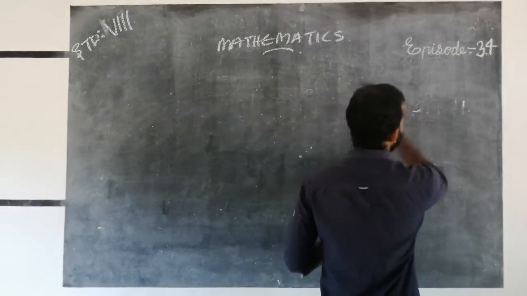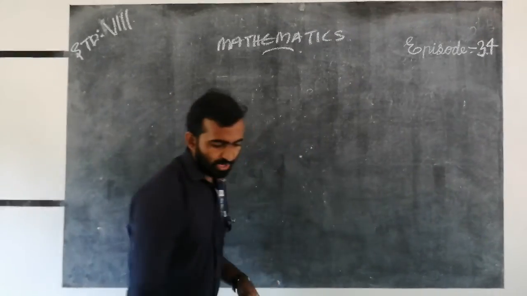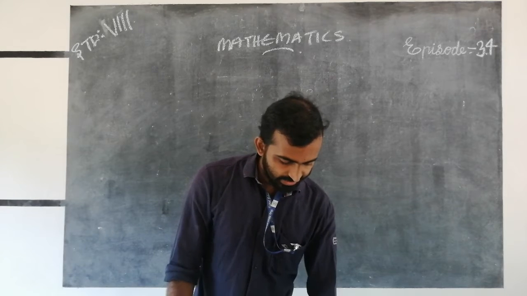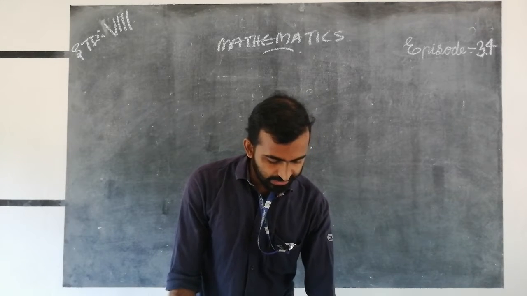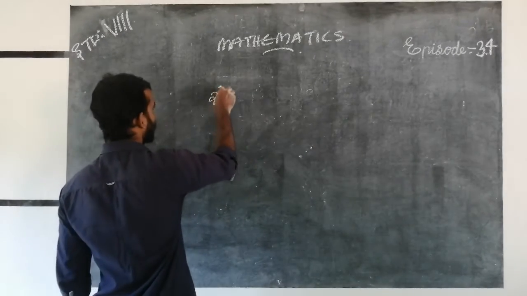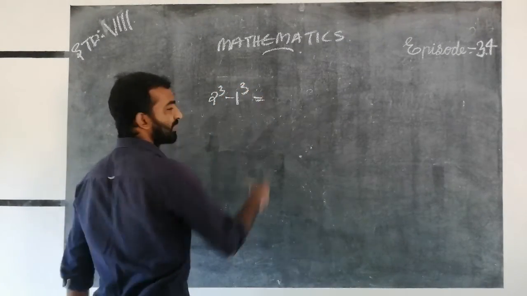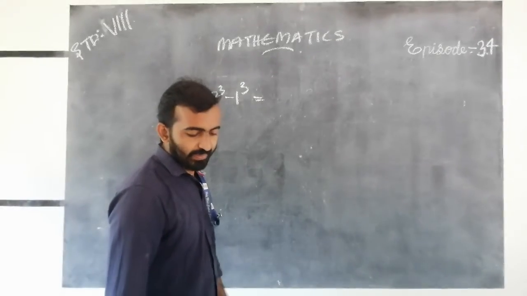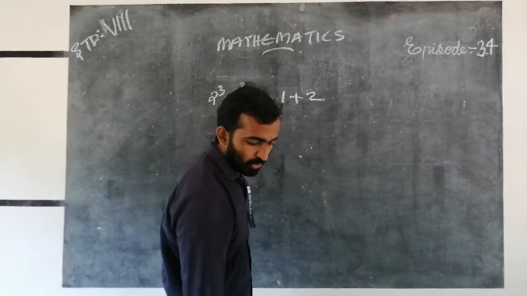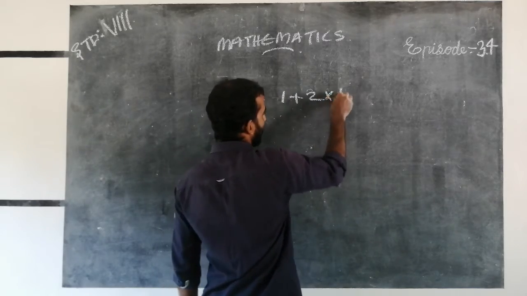The next question: consider the following pattern. 2 cube minus 1 cube equals 1 plus 2 into 1 into 3.